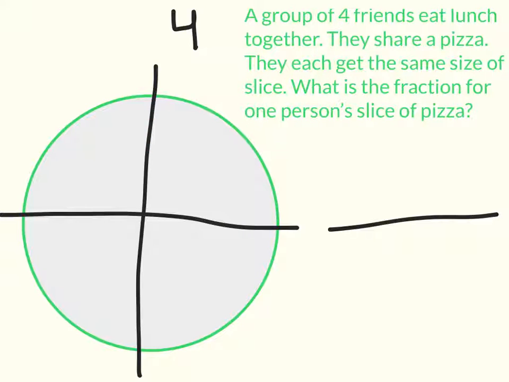That also means 4 friends, each getting a slice, is our denominator. We want to know how much one person gets, so we use 1 slice. Our numerator is 1. So the fraction here is 1/4.